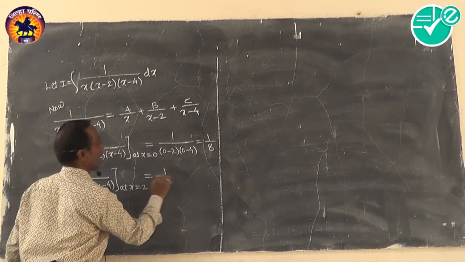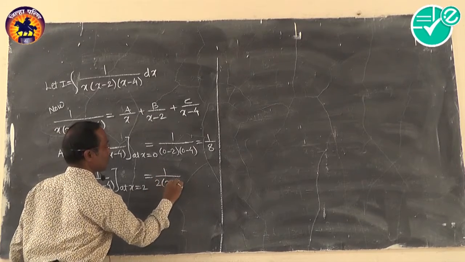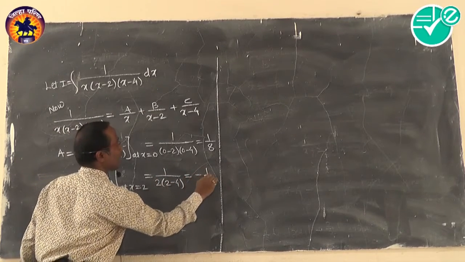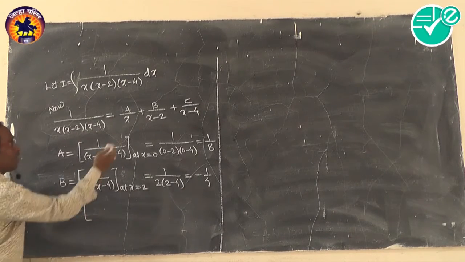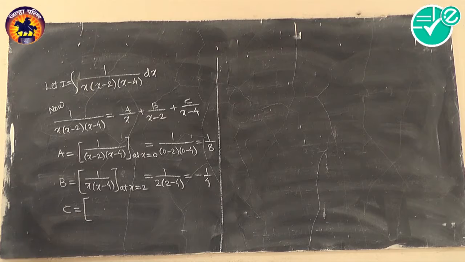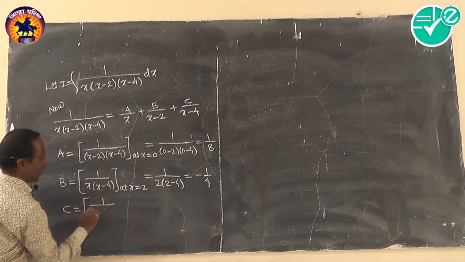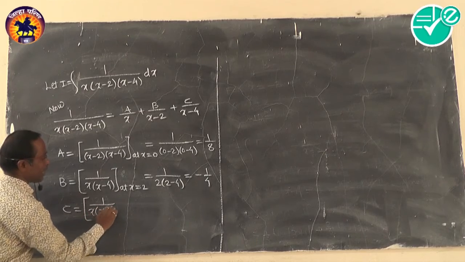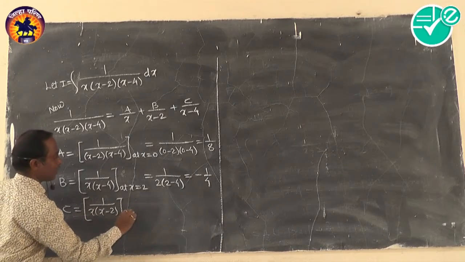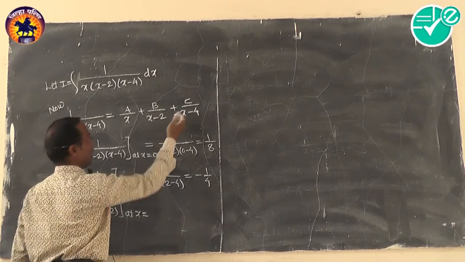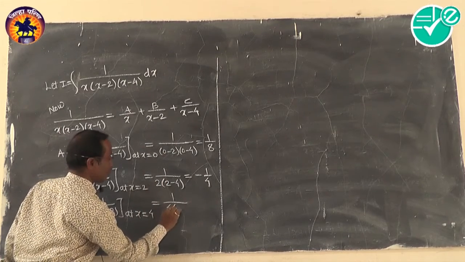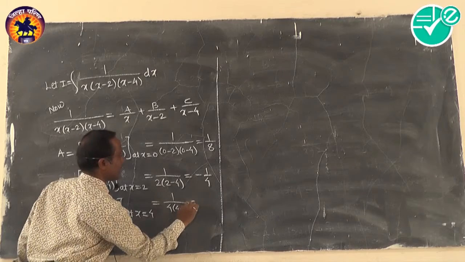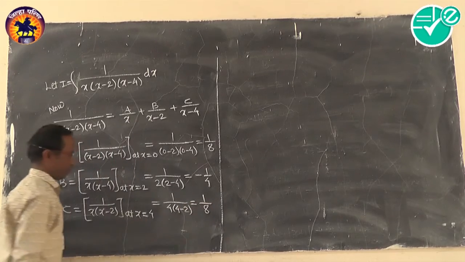We get 1 upon 2 into 2 minus 4, which is minus 1 upon 4. For c, the third partial fraction contains the denominator x minus 4. Except x minus 4 we take 1 upon x into x minus 2, at x is equal to 4, we get 1 upon 4 into 4 minus 2, which is 1 upon 8.